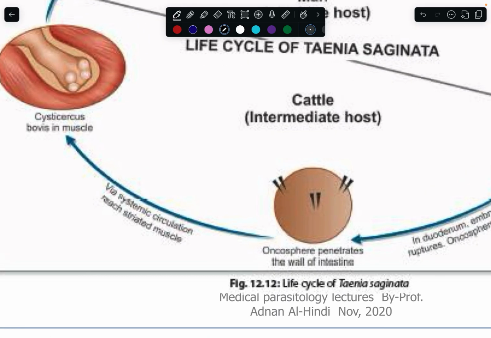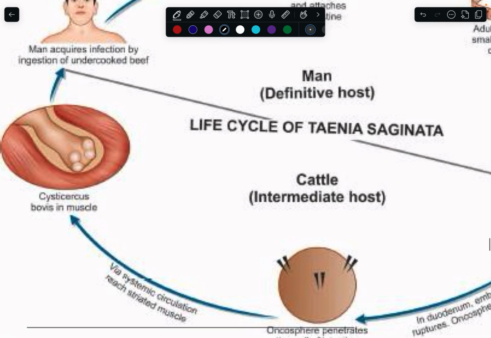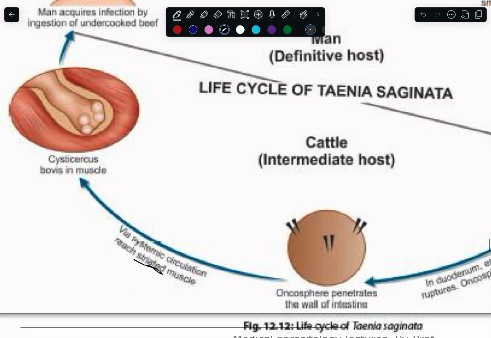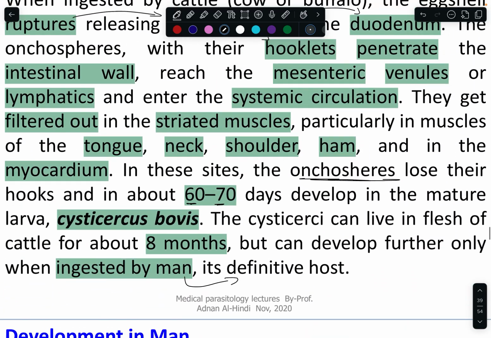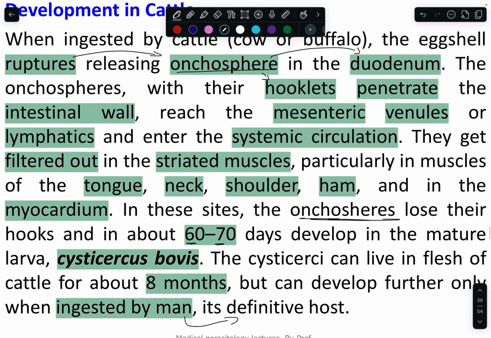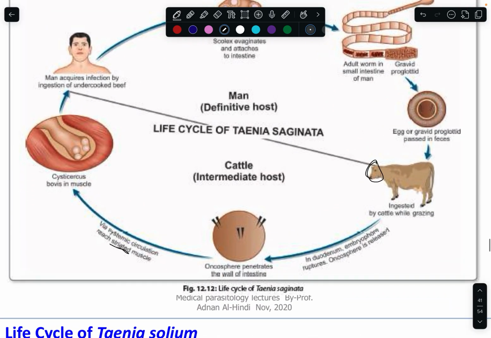Alright, the oncosphere goes to the muscle, like the ham, tongue, shoulder, things like that. The striated muscles get filtered out, and that is exactly what happens. They lose their hooks in about 60 to 70 days.